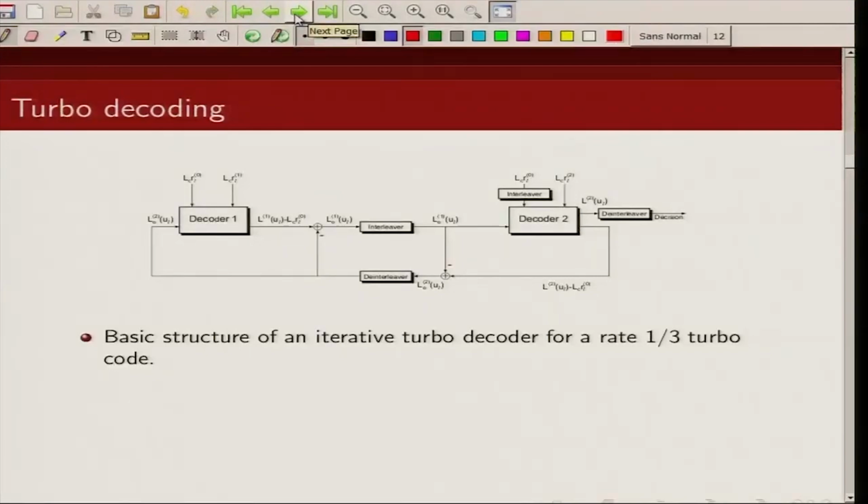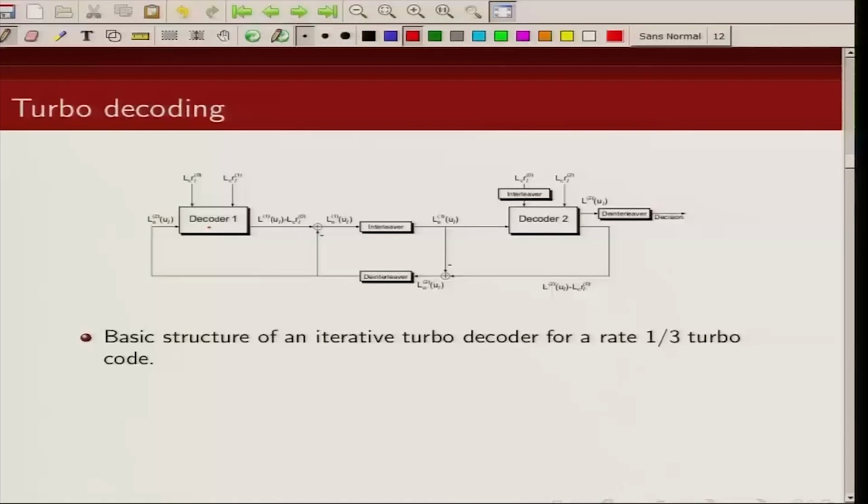So, again we will go back to this decoder diagram that we have shown you before. I am reproducing the decoder for rate 1/3 turbo code. This is my decoder 1 corresponding to encoder 1, this is my decoder 2.